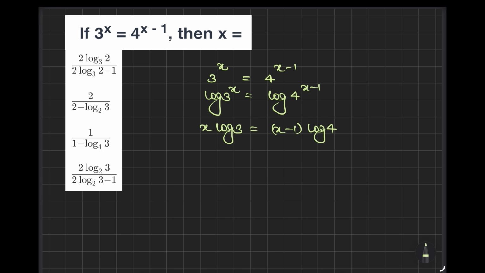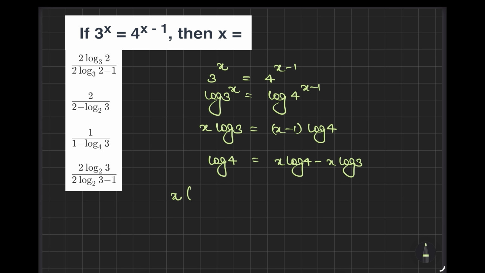Now we will keep the variable on one side and the constant on the other. This minus of log 4 will come to this side, and it is x log 4 minus x log 3. So from there we can calculate x.